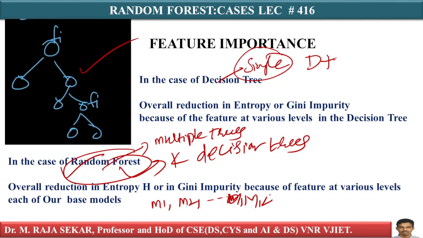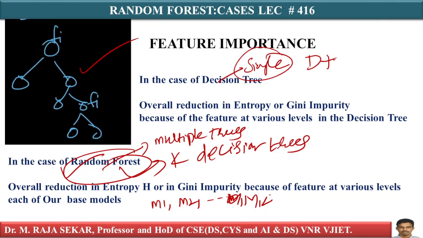The rest of the cases, except for bias variance trade-off and the small difference with feature importance, are the same. The cases that we have seen where decision tree works well or does not work well are more or less the same cases for random forest.